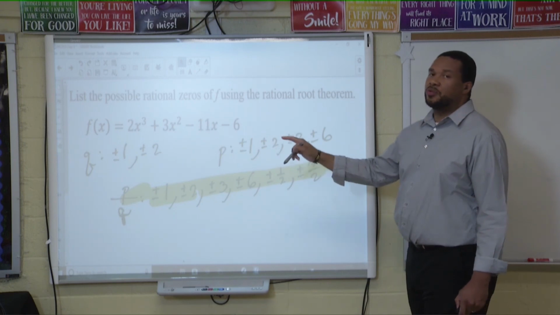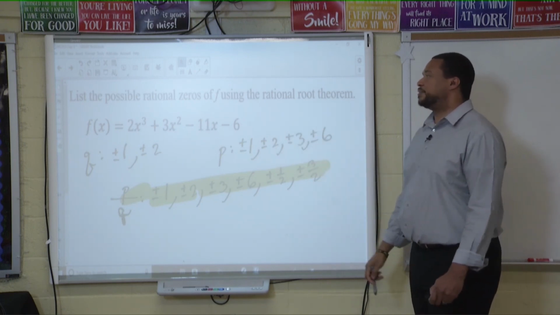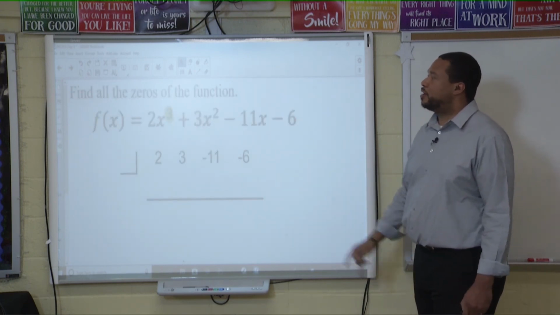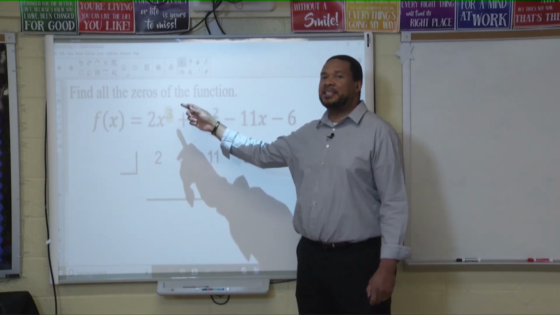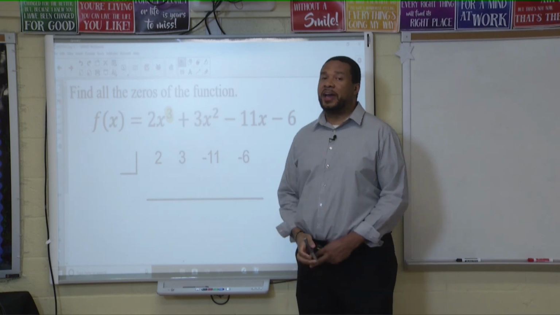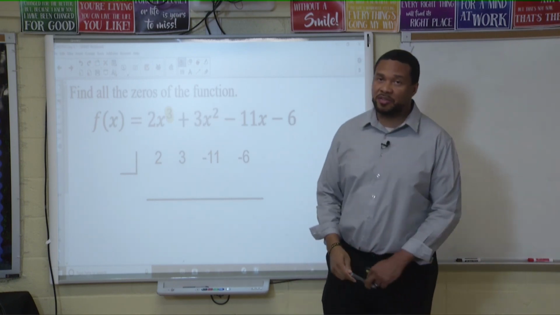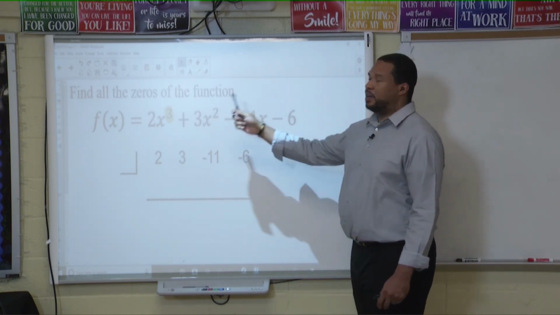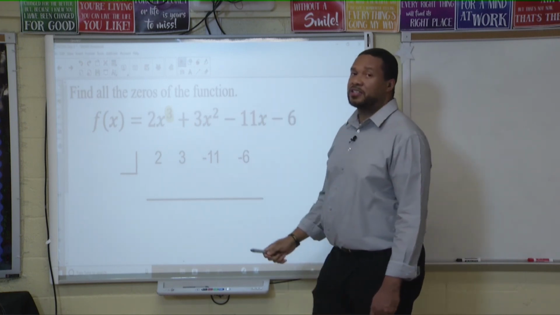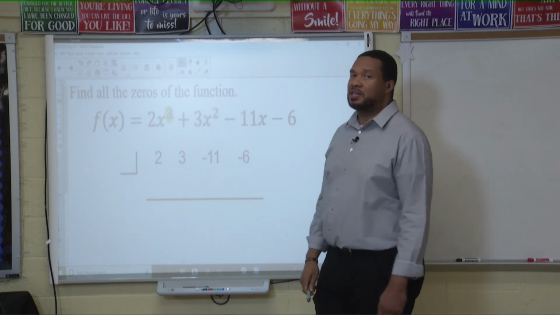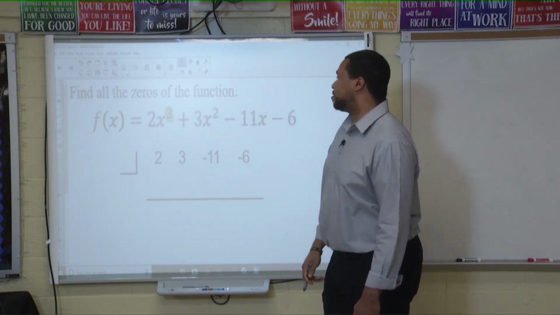We have to go through each one of these to determine what are our zeros. This 3 is highlighted to let us know that you will have 3 zeros. Whatever your higher exponent is, or whatever the power of the value is, that's how many zeros you will have.